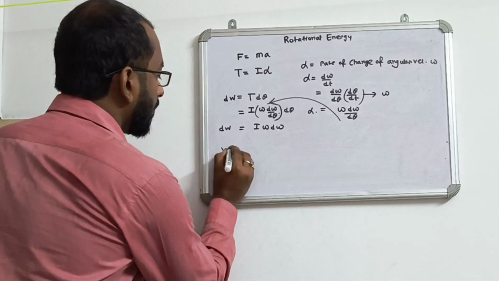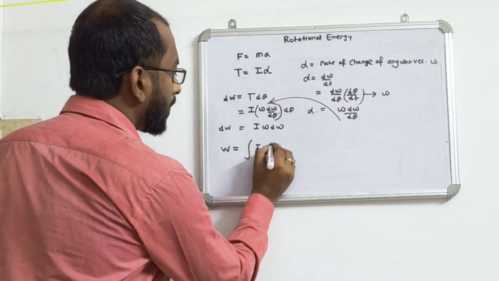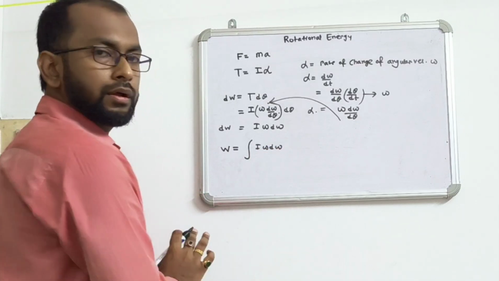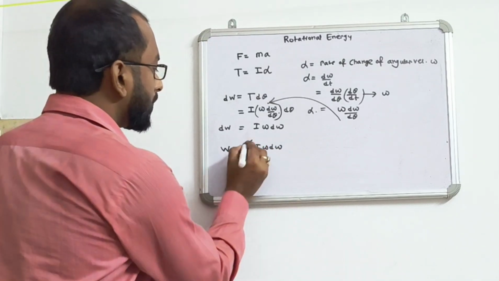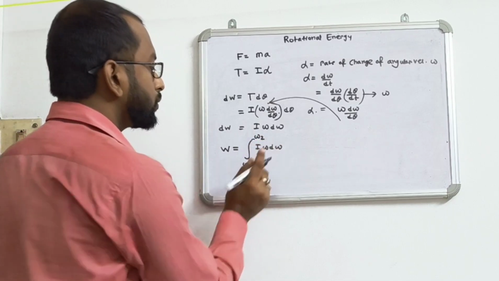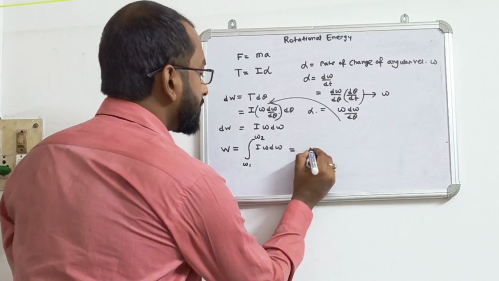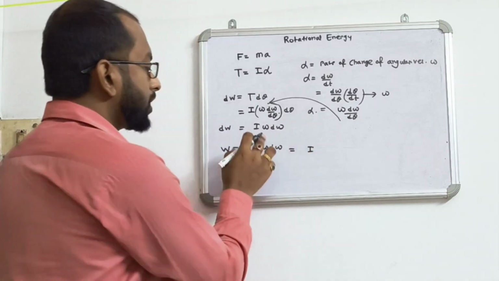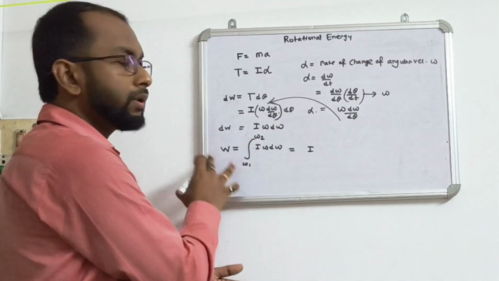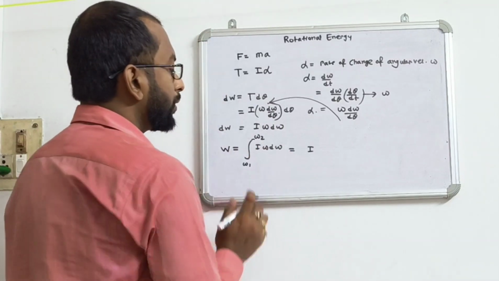Now net work done, integration of I omega d omega. If the angular velocity changes from omega 1 to omega 2, then net work done will be W. So we can write I will come outside, because for a particular body I will be constant, so it will come outside of the integration, and we will only integrate omega d omega.